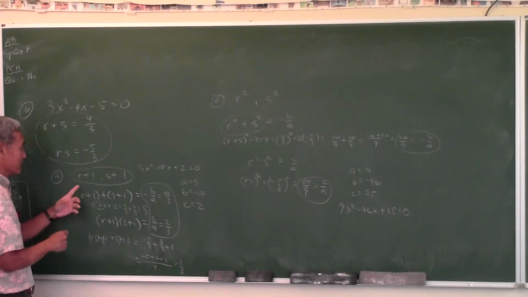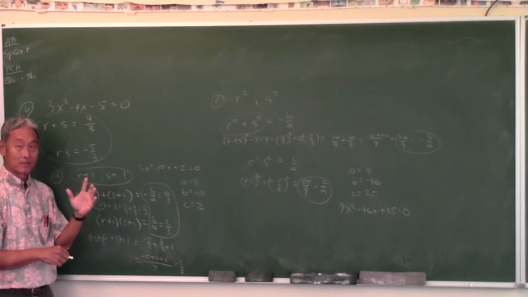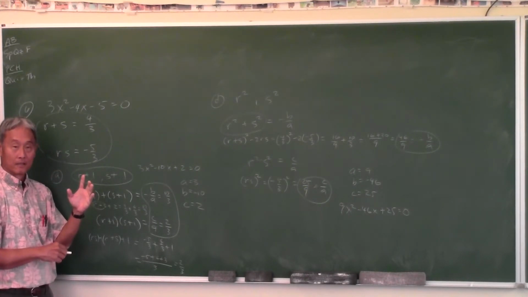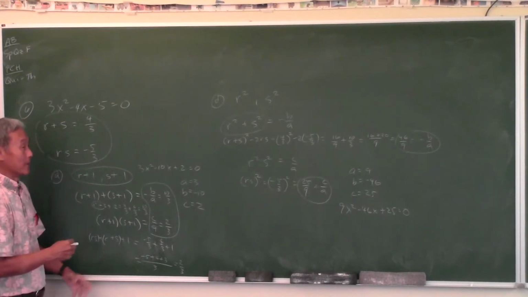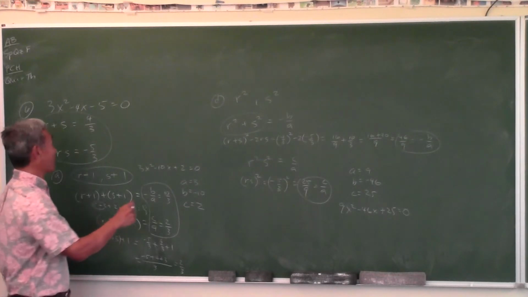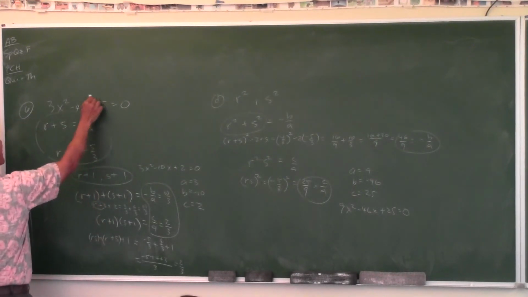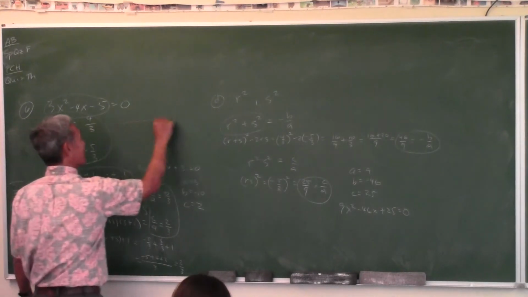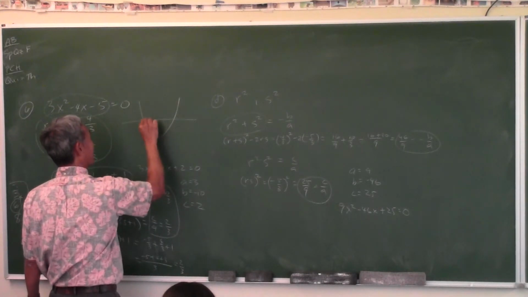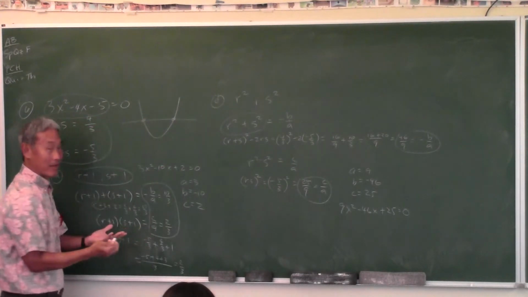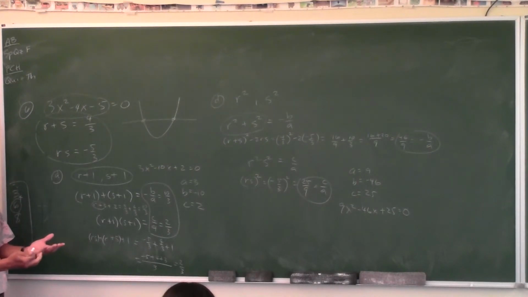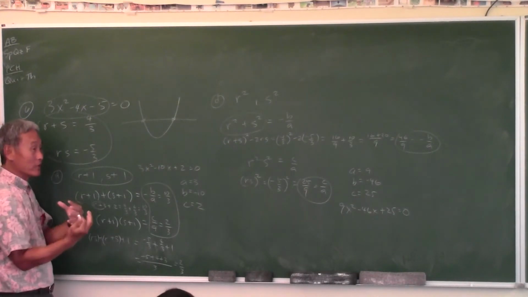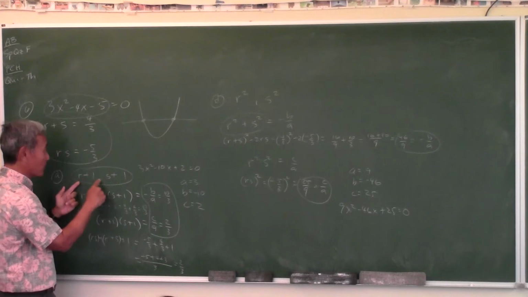Did anybody do this problem by thinking of what the graph looks like? Did anybody even do the problem? Okay, look. If I were to graph this right here, wouldn't that be a parabola? And where it crosses the x-axis, that's your answers, right? Those are the roots, right? Everybody agree? So I want to make a new equation where the roots are going to be r plus 1 and s plus 1.